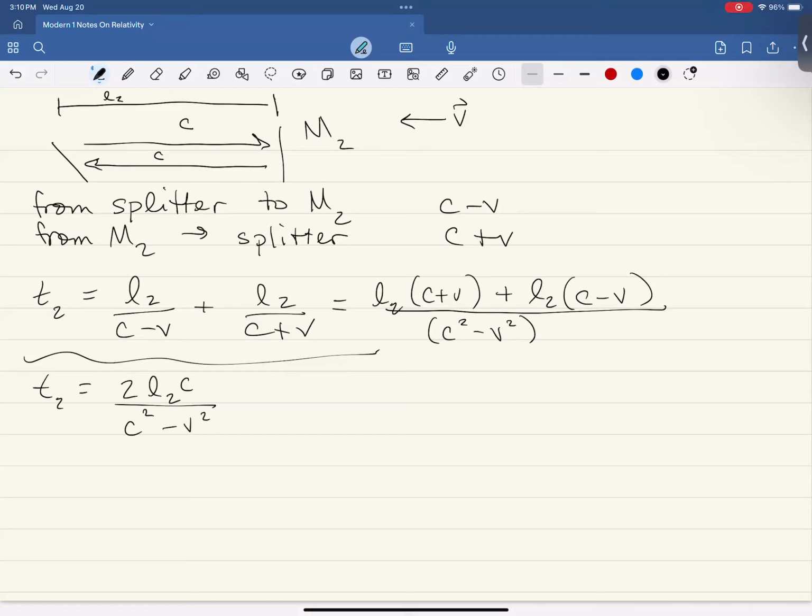Now, let's look at the other path. Okay. So in that case, we have the splitter to M1, and the ether drag is this way, okay? Now, the idea here is kind of similar to a swimmer going across a river, all right? So let's say that you're on one bank of a river and you're trying to swim across to the other bank of the river.